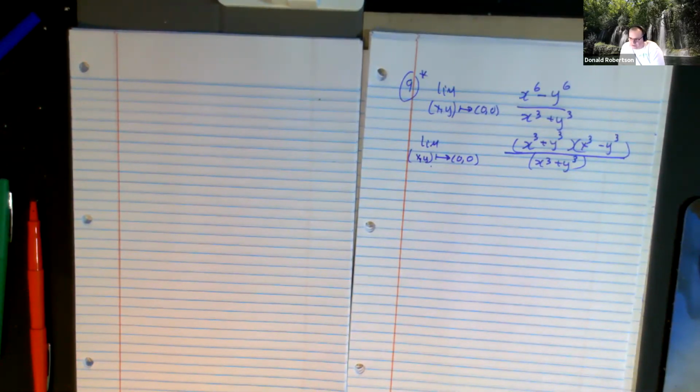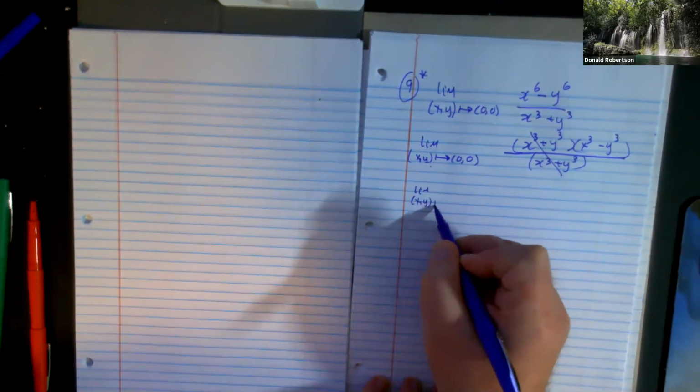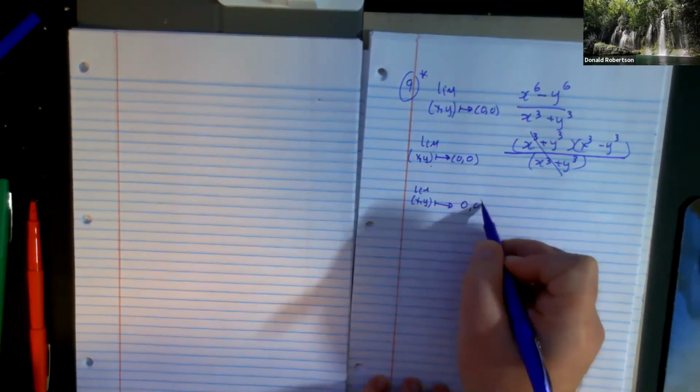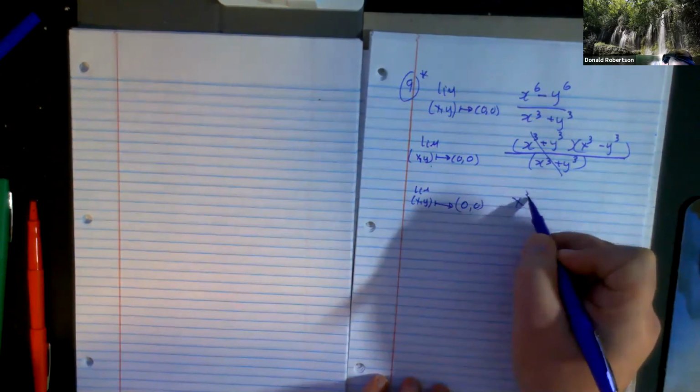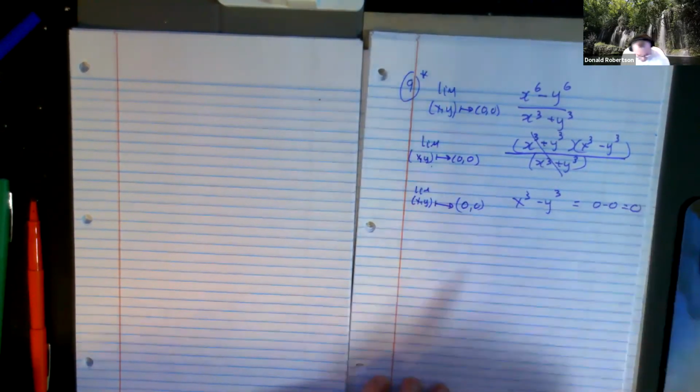Can you see where the bits that I've got are coming from? Do you also see some cancelling? And yes, it has a limit, and isn't the limit 0?